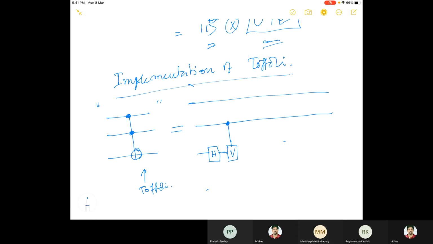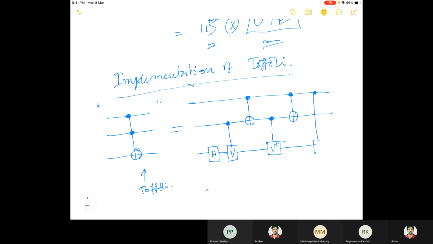So this is control V. I'll tell you what V is. Then I'll put a control here, and then here I'll write again one control, which is V dagger, which is the conjugate transpose of V, and then one more control here, and then again one more control.